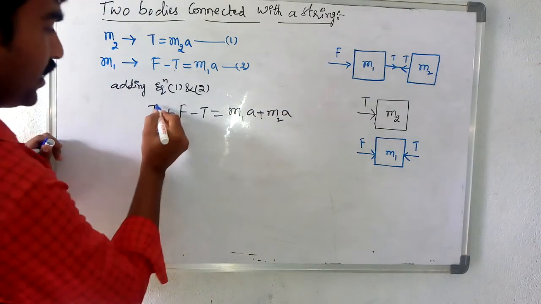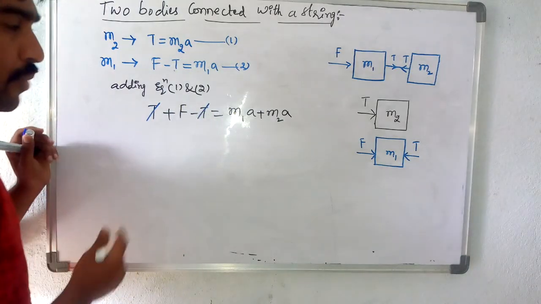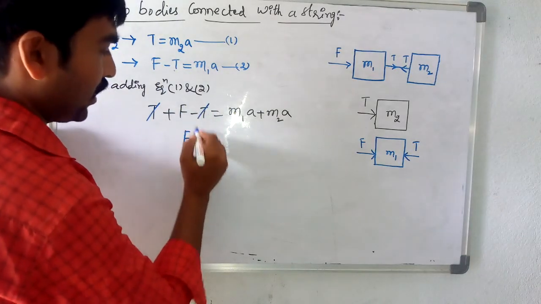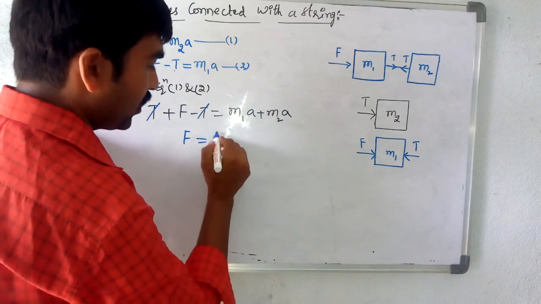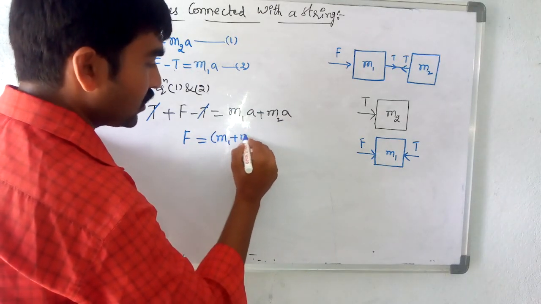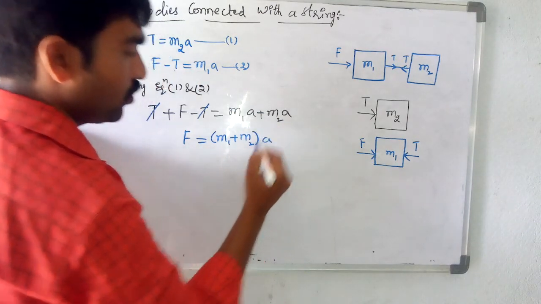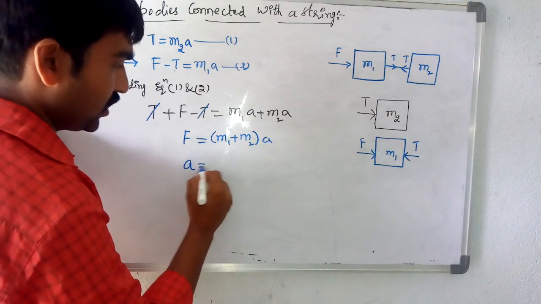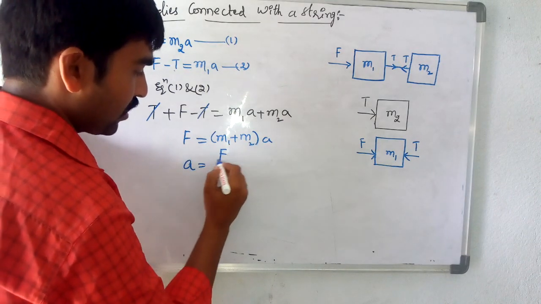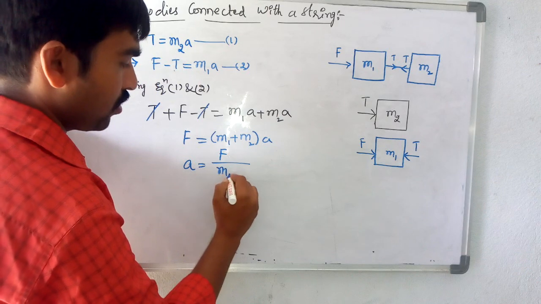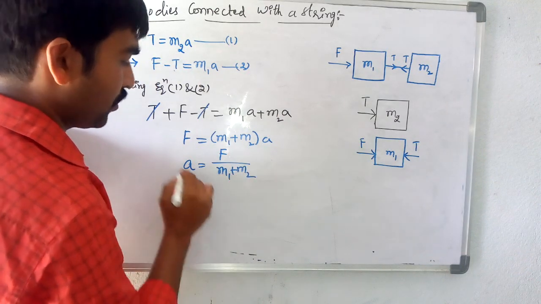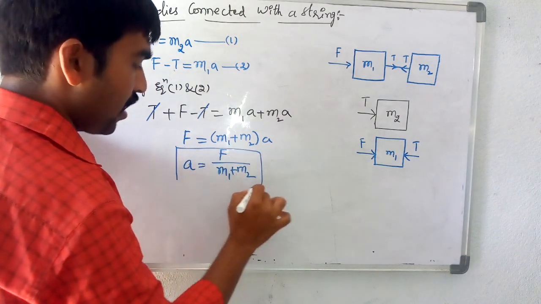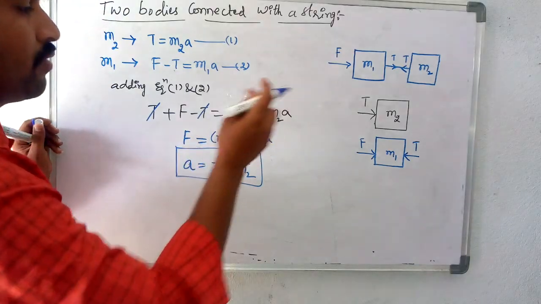Here it is plus T and minus T, so they cancel. Capital F is equal to A, which is common, so M1 plus M2 into A. Based on this equation, A is equal to capital F by M1 plus M2. This is the acceleration of the given bodies.